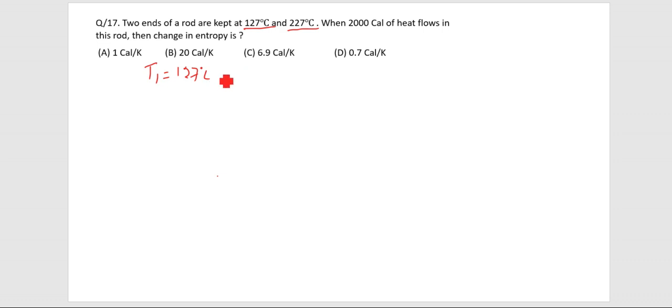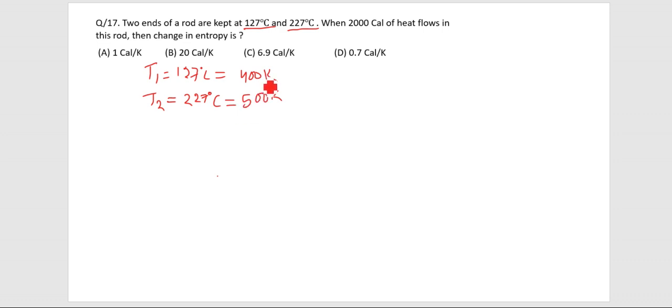So we have to convert it into Kelvin. So we have to add 273 to make it into Kelvin. So if I add 273, then I'll get 400 Kelvin. And our T2 is 227 degrees Celsius. If we convert into Kelvin, I got the answer 500 Kelvin.